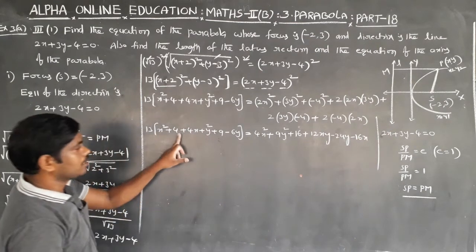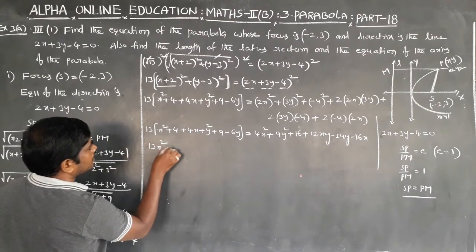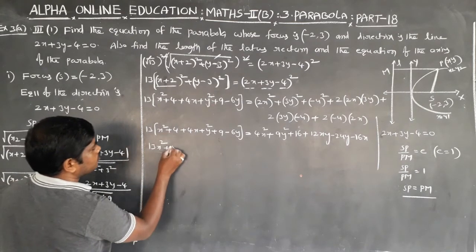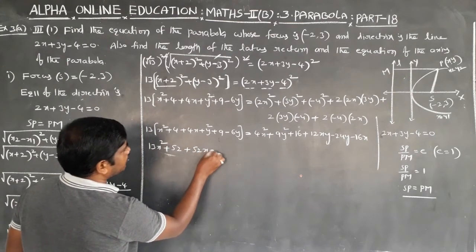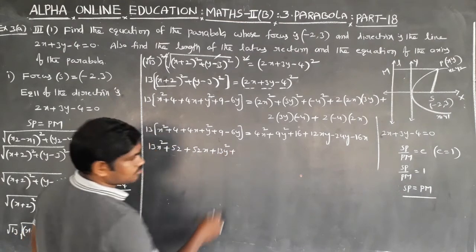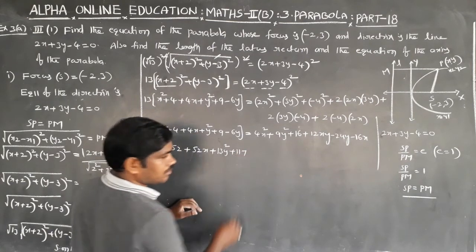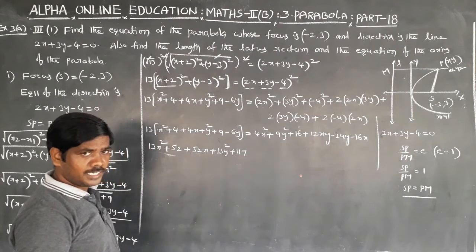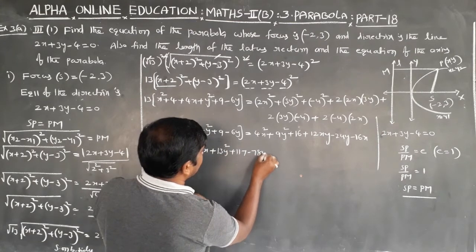This total value multiply with 13: 13x square, 13 4s are 52x, 13y square, 13 9s are 117, 13 6s are 78y.